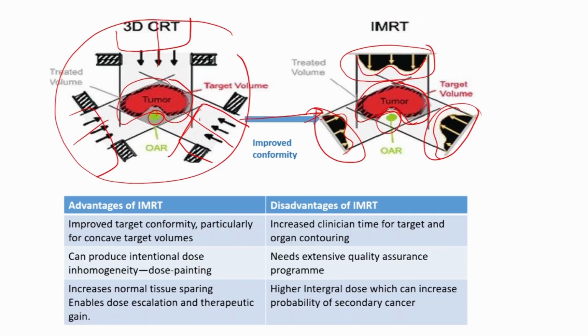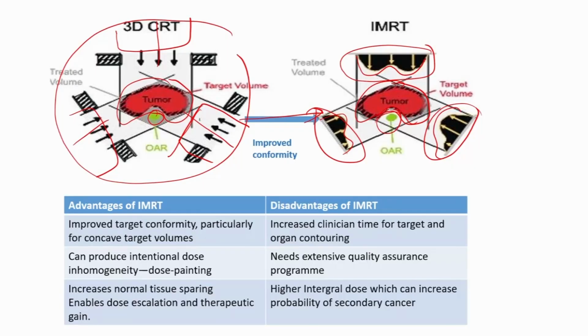It means that where you require a higher dose, you can achieve a higher dose, and where you require a lower dose, you can achieve a lower dose. Because of this, there is an increase in normal tissue sparing, enabling dose escalation. You can go for a higher dose for better curative intent, which directly benefits the therapeutic gain.